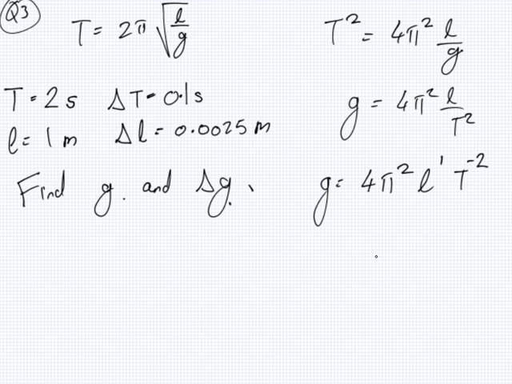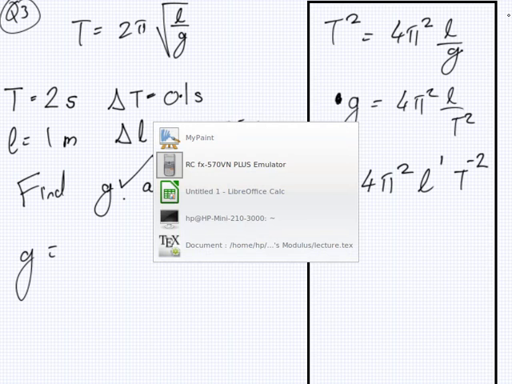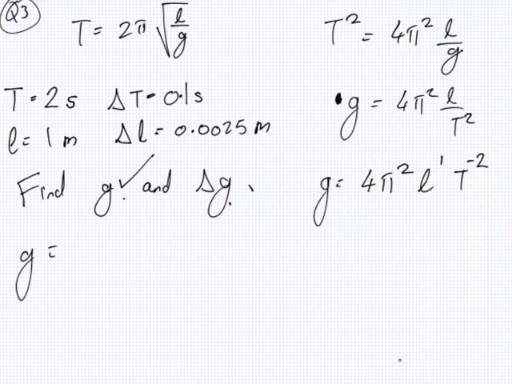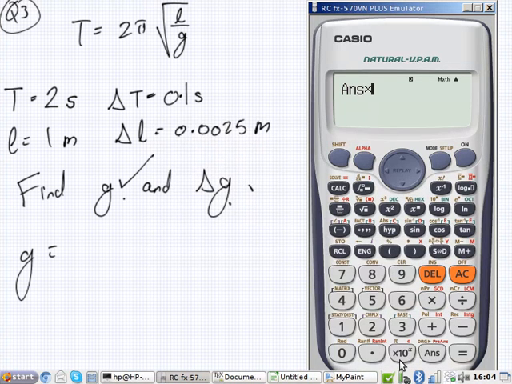Yes? Now before continuing, let me just calculate what G is from this formula. G equals 4 times pi squared times L divided by 2 squared. So I get 9.8696.